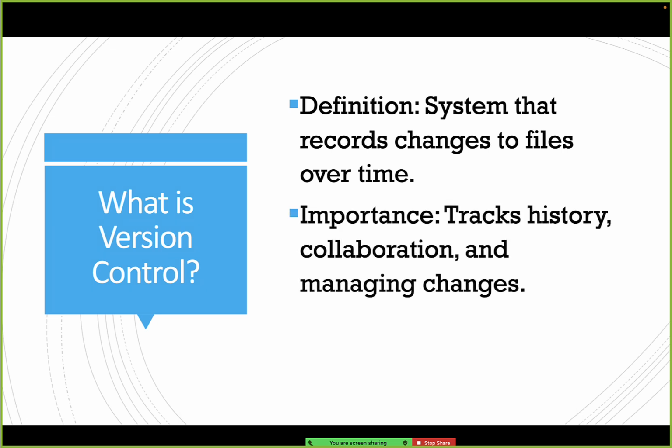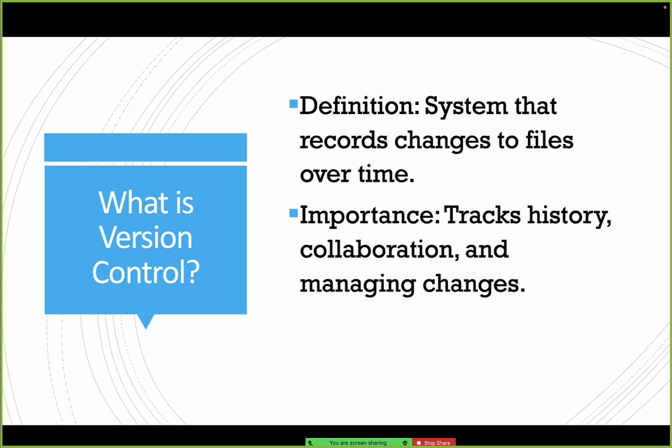The importance of this is that it tracks the history. You can track what you have already deleted, as I've already elaborated, and also the collaboration. Let's say that you're 10 people working on the same project. By the power of Git and GitHub, you can know who wrote what in real time. When this person saves and sends their changes, you can know that a certain person contributed this part of code or content.